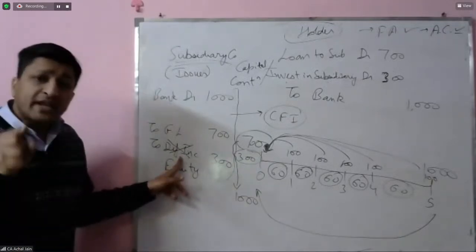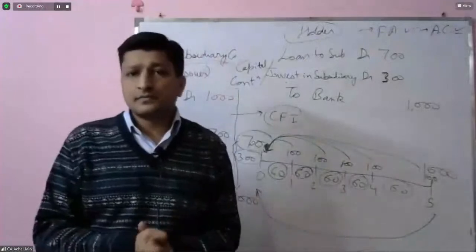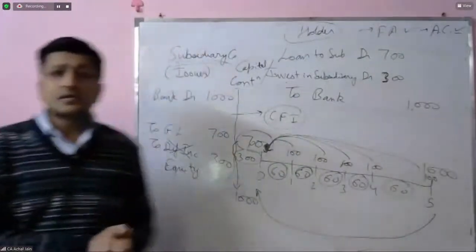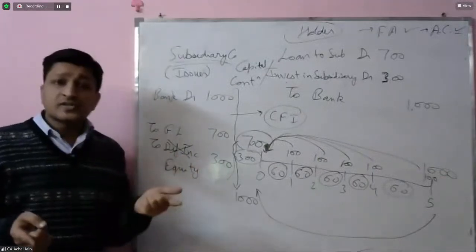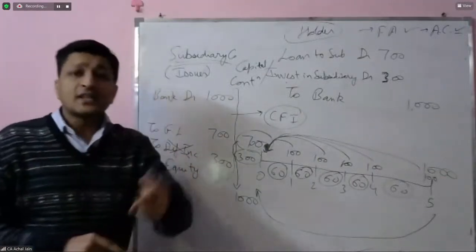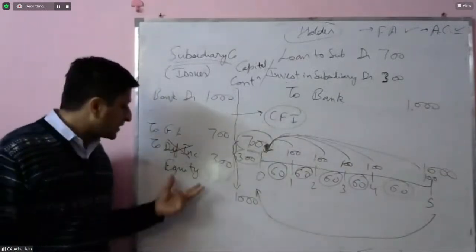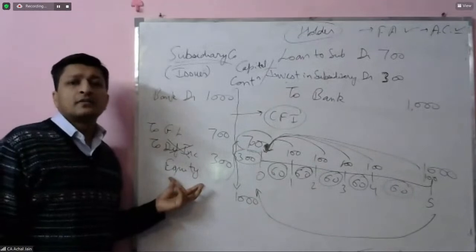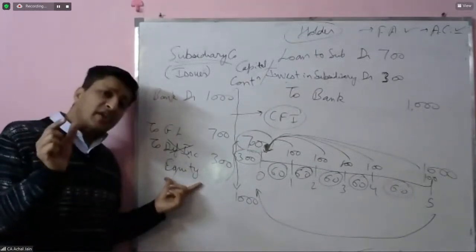But there is another principle in Ind AS which requires that whenever you get any sort of income, and which is due to any transaction between holding and subsidiary, only in such cases you will take it to equity. So this is the reason why equity has been generated.